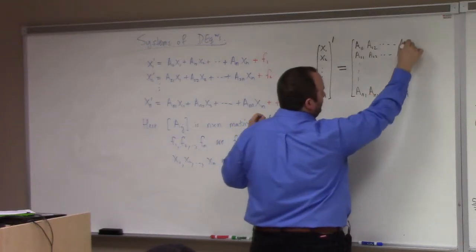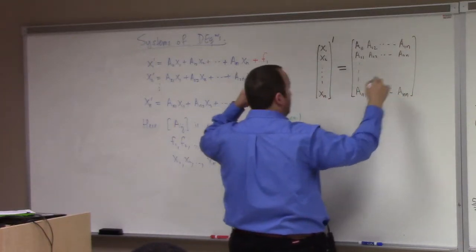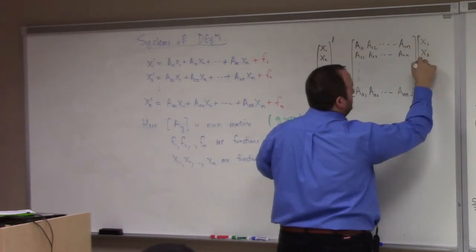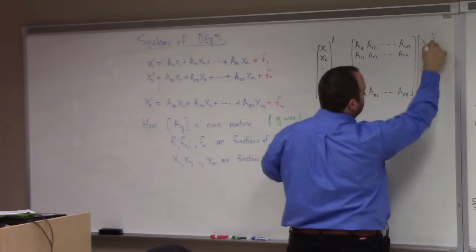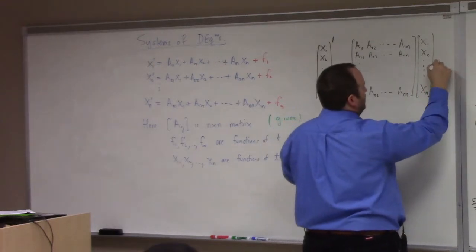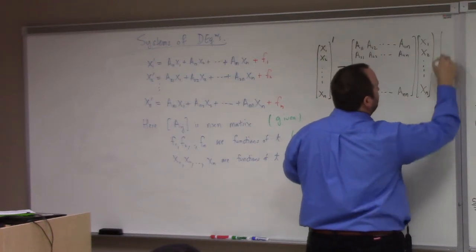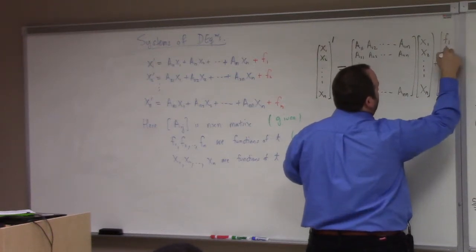So this is a square matrix. Multiplying that by the vector of unknown functions x1, x2, xn, and then we add this vector of given forcing functions. Instead of having one of them, now we've got n of them.